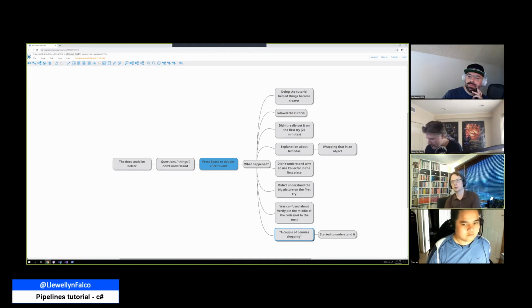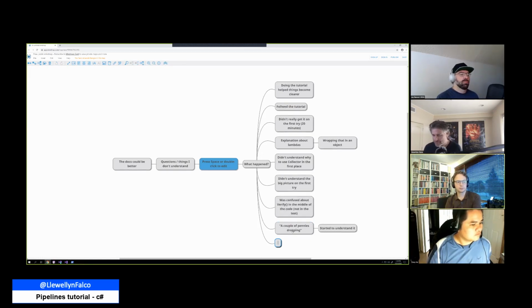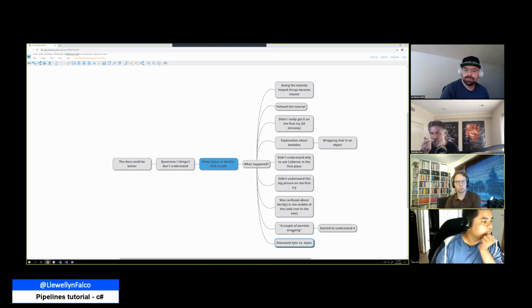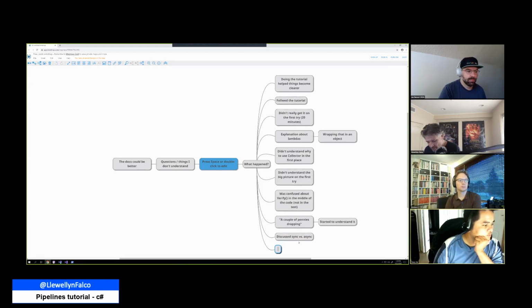We had some discussions about sync versus async. We also renamed, updating the readme from a method call to a method.